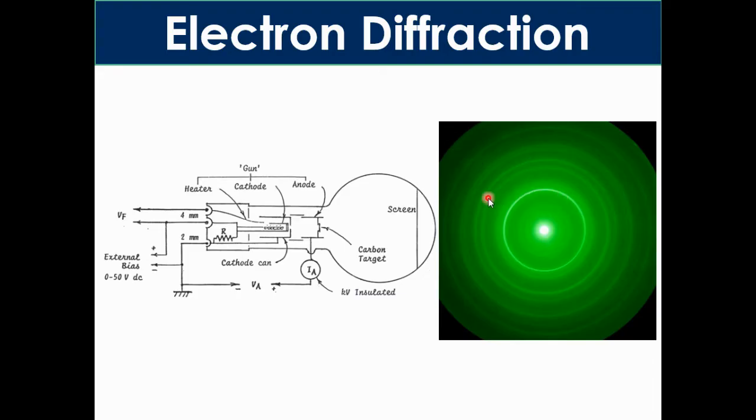So what we're seeing is electron diffraction or particle diffraction, but we're going to focus in on electron diffraction. And that is the weird phenomenon that electrons, if you do this experiment, diffract. They behave like waves. So even though we've thought of them as particles for many, many years, actually sometimes they behave like waves.